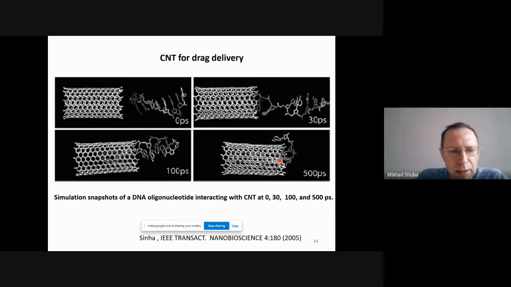So carbon nanotubes can be used as a carrier for drug delivery. The outer surface of carbon nanotubes can be immobilized with biocompatible materials, and inside they can be filled with the desired medicine. Such carbon nanotubes can cross the cell membrane and transport the drug into the cell.